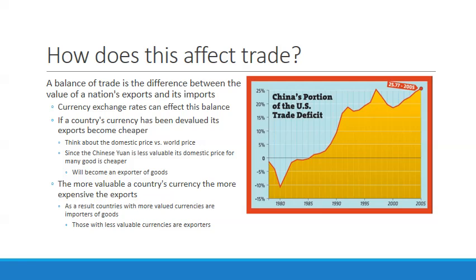So what does that mean? Well, that means we see this increasing trade deficit between the two countries. We've got an issue where we're looking at the currency and the value of the currency itself. Has China's currency become devalued in order for them to sell more of their goods overseas?